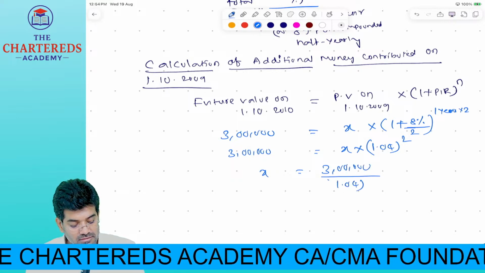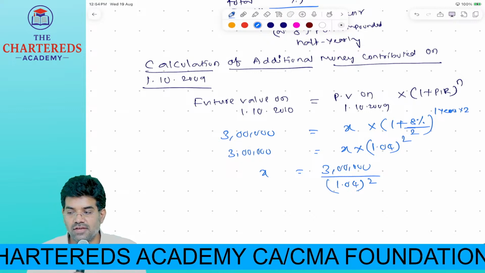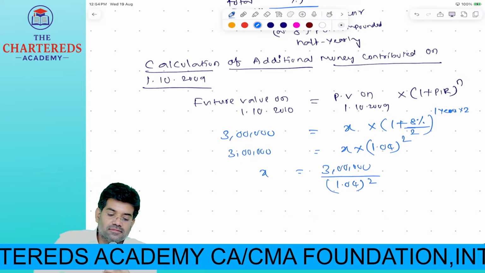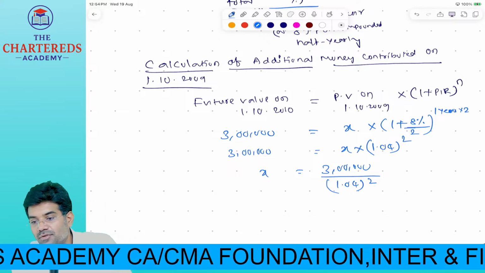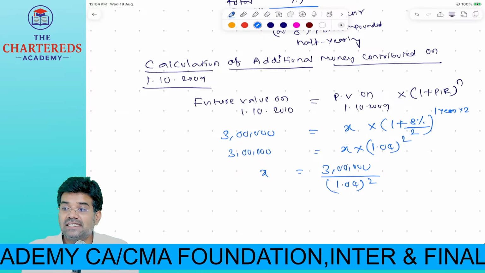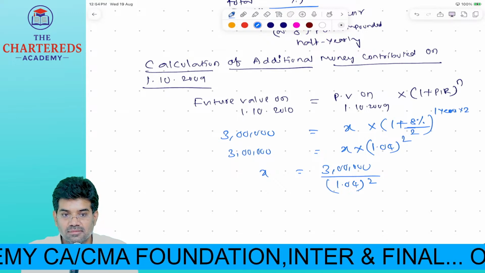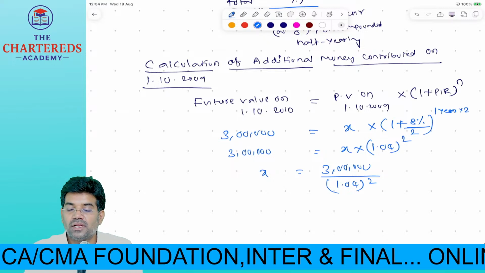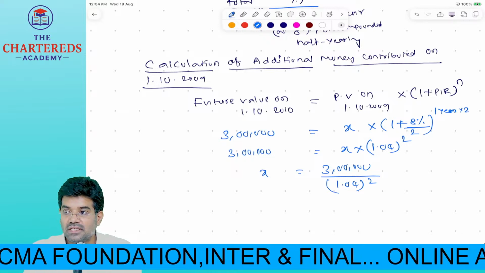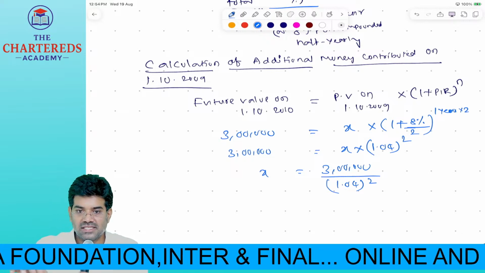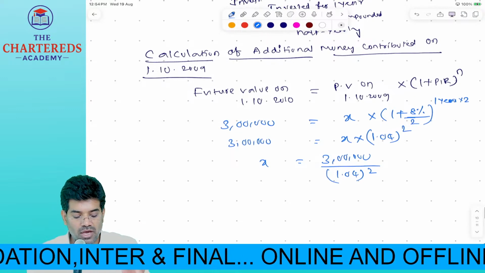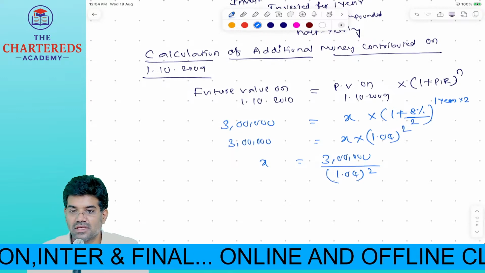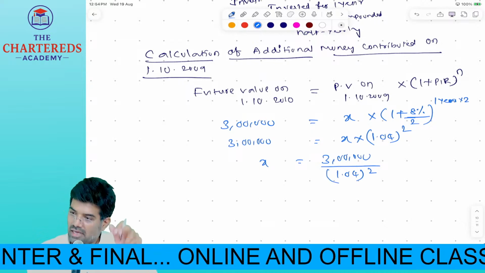Just do this calculation, everyone. Take your calculator. Have you taken it? Press first AC, all clear. Pressed? Yes. Press 3 lakhs, divided by 1.04, equal to, again equal to.